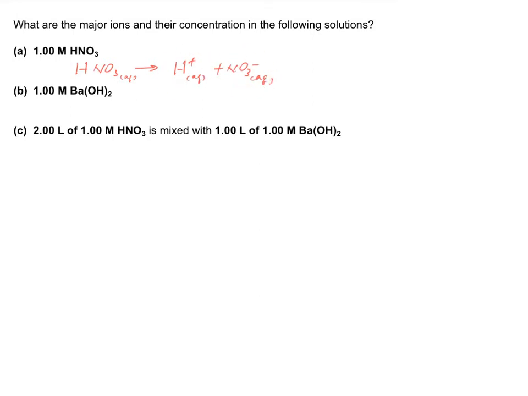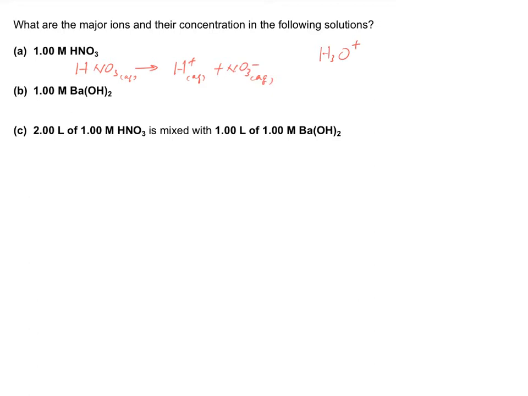To be rigorous, the H plus proton should exist as H3O plus, hydronium. And do we have any other ions, non-major or minor ions?